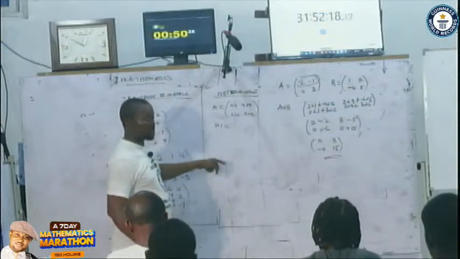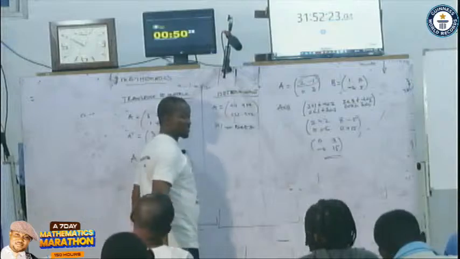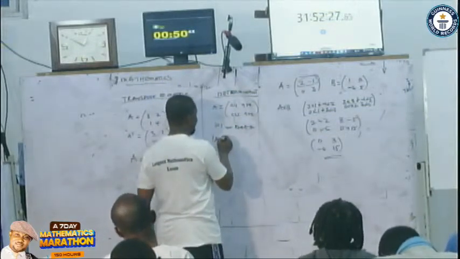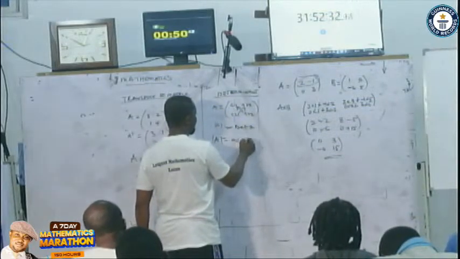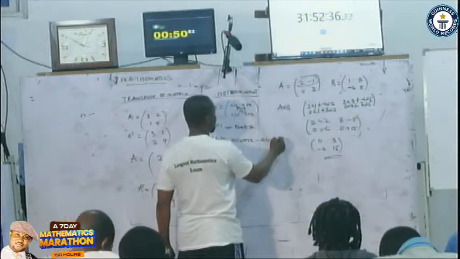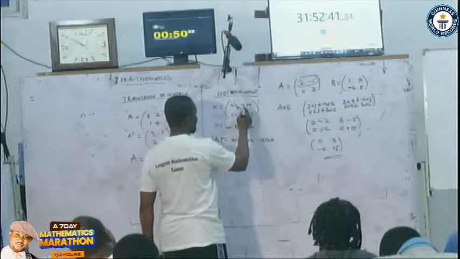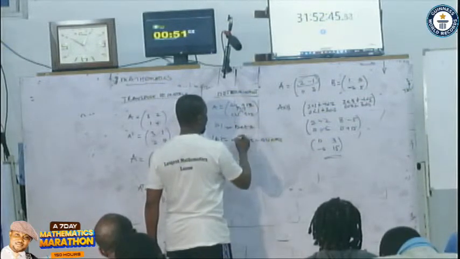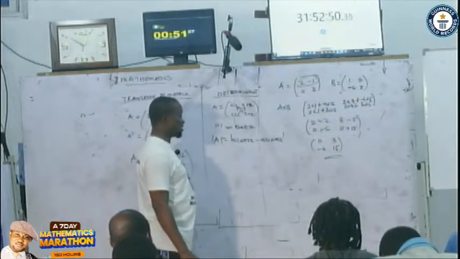Either you write it like this or you write det A. How do we do that? The determinant will be A11 times A22 minus A21 times what? A12. That's what I mean. That's how we do determinants.